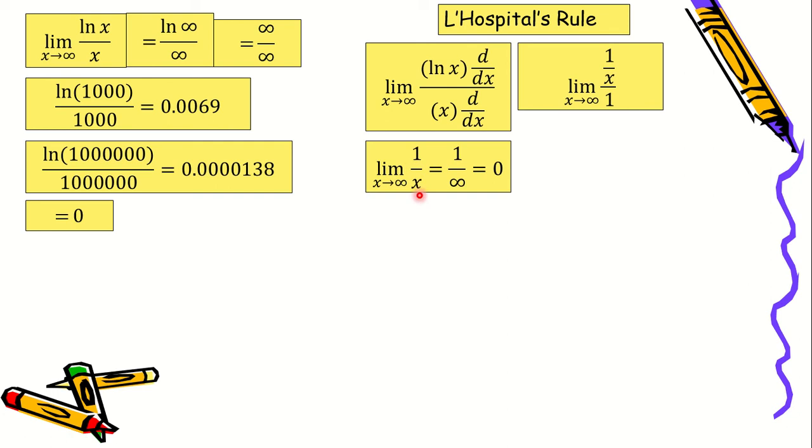The limit of 1 over x as x approaches infinity. So we can now plug in infinity replacing x. So that's equal to 1 over infinity, which is equal to 0. So whenever you have a large number in the denominator, so infinity is a large number, it's always 0. Anytime you divide by a large number, you're going to get a small number.